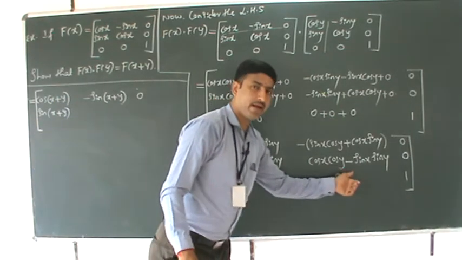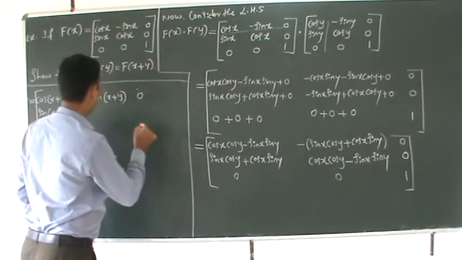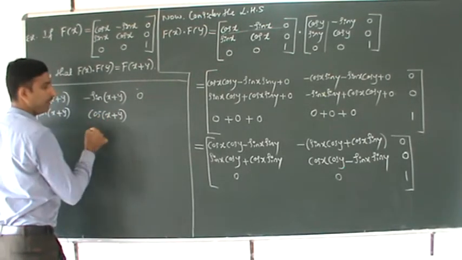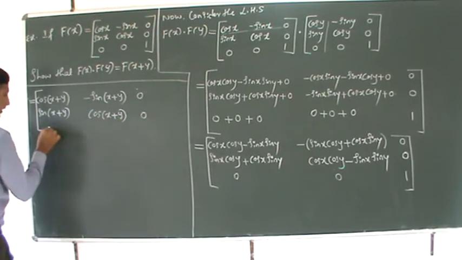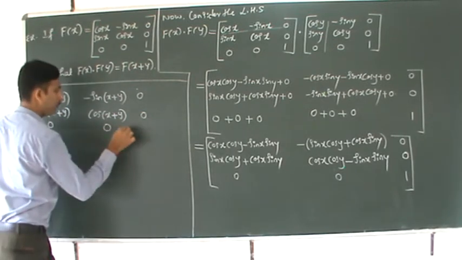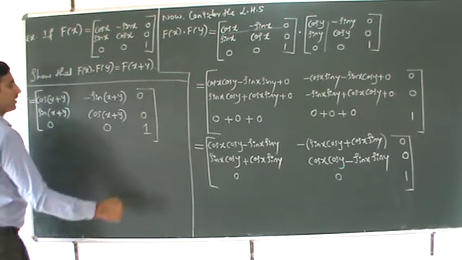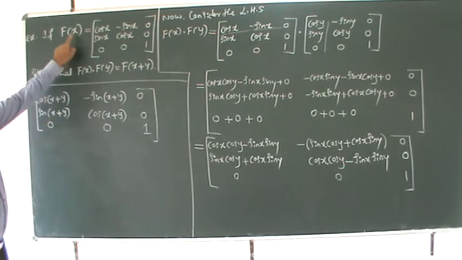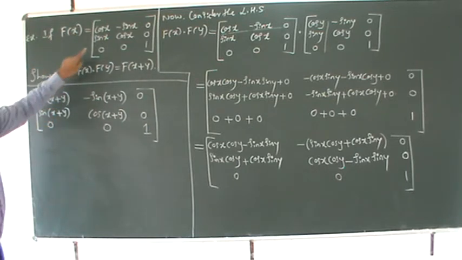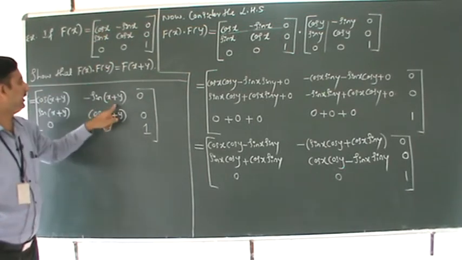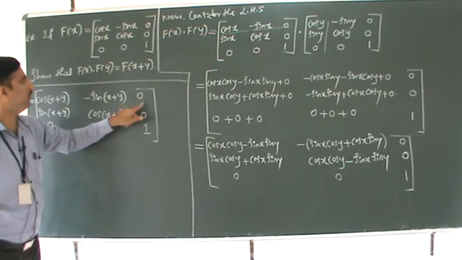Cos A cos B minus sin A sin B, cos of A plus B. Here there will be 0, 0, 1. Which is nothing but what? All the x values become x plus y: sin of x plus y, cos of x plus y, which is 0, 0, 1.